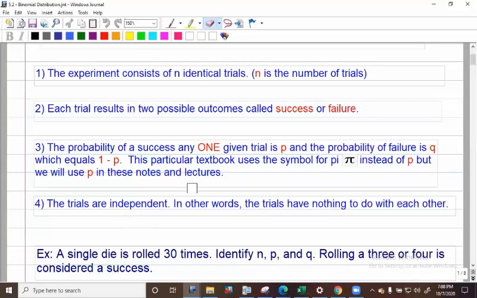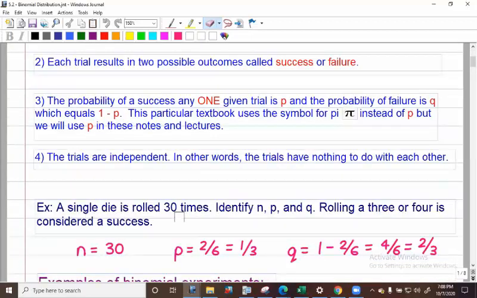All right. So we're going to roll a single die 30 times. We're going to identify N, P, and Q, and they're telling us we're considering a 3 or 4 together. It's considered a success. So the idea here on success and failure means that we either care about getting a 3 or 4 or not getting a 3 or 4.